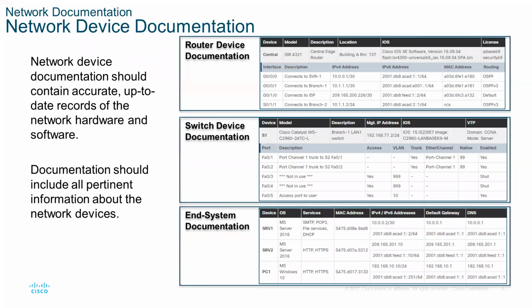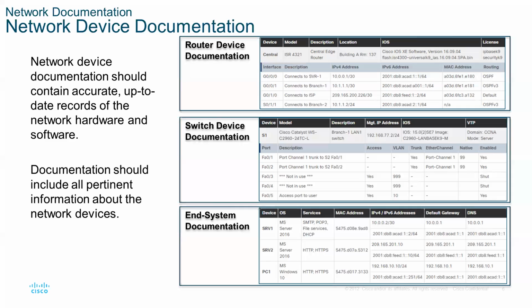So you then go through and list all your interfaces, give a description as to where it connects to, what the IP addresses are, what its individual MAC address is, and what routing protocol it's running out of that interface. This allows you to rebuild any missing information as needed.